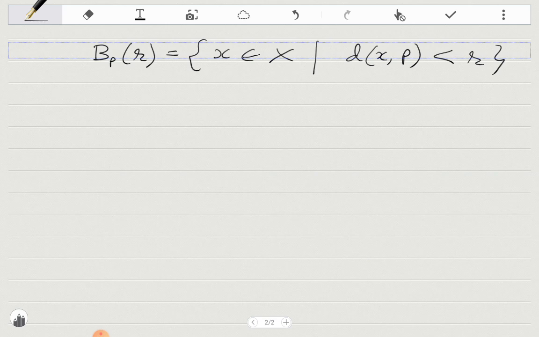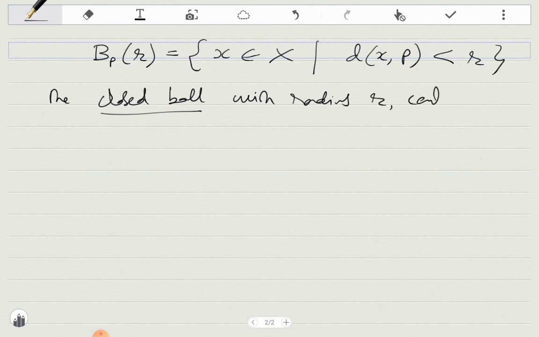And the closed ball with radius r centered at P is the set.